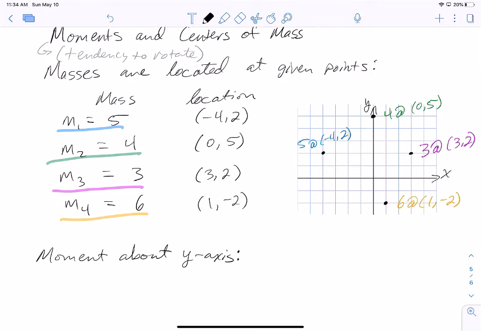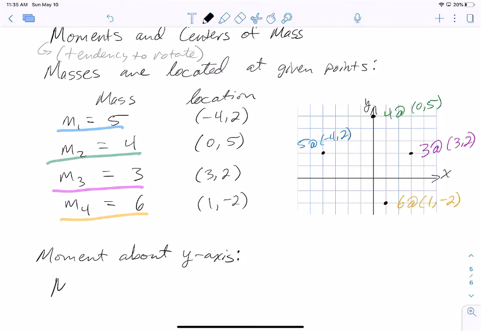But the idea behind a moment is we're going to take one of the masses that we're given, and multiply that by the distance from the axis that we're talking about. And so that's one computation that we're going to make here. But then we're going to add together all of those moments for all of the masses.